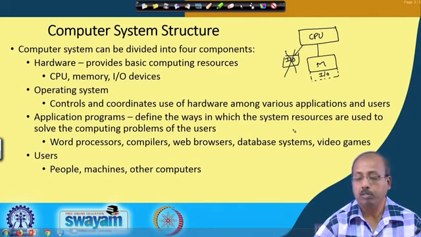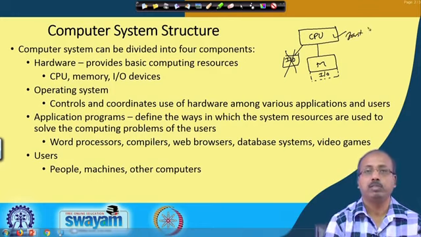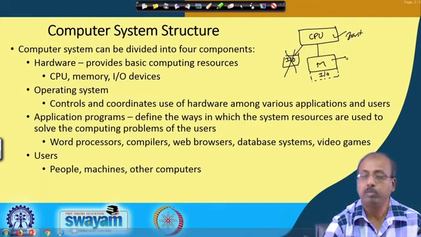Out of this, the CPU is very fast. In a computer system, the CPU is the fastest unit that you have. Then comes the memory part. As we are familiar, memory can be divided into main memory and secondary memory.